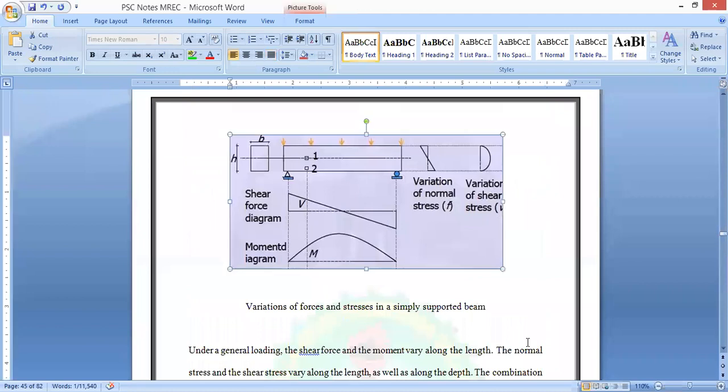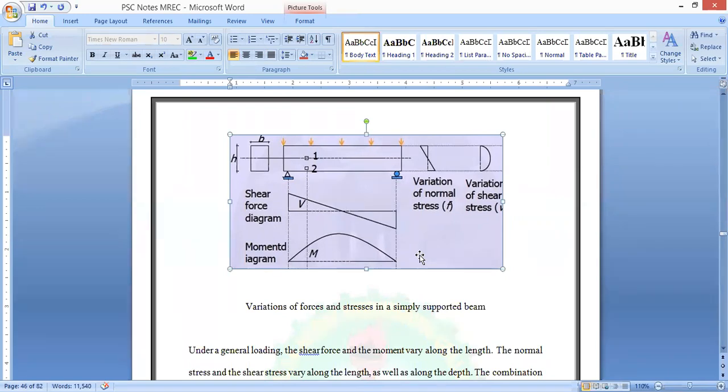In the picture, there is a rectangular beam of width B and depth H, a longitudinal beam which is subjected to a uniformly distributed load. At the bottom you can see the shear force diagram and bending moment diagram. I think you all know how to draw the shear force and bending moment diagram for a simply supported beam subjected to UDL.